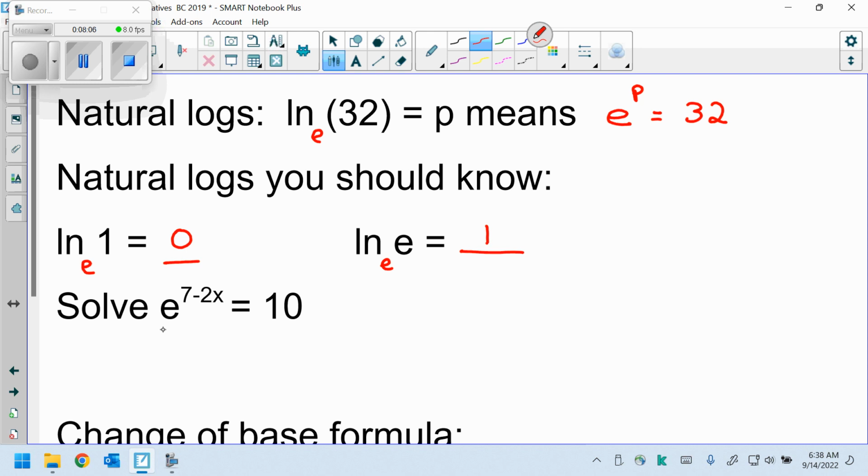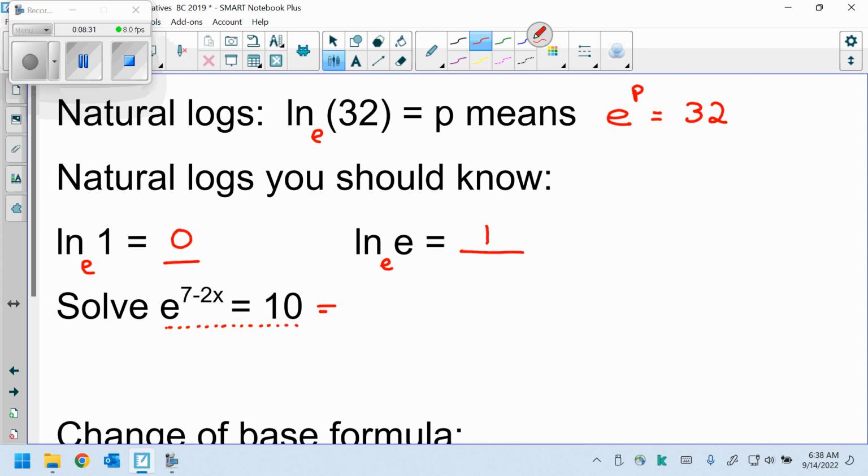Now, if we've got something like this, let's figure out what x is. Well, you think about that, and nothing really comes to mind. So again, if we're given a problem in exponential form and we aren't quite sure where to go, maybe we turn it into log form.